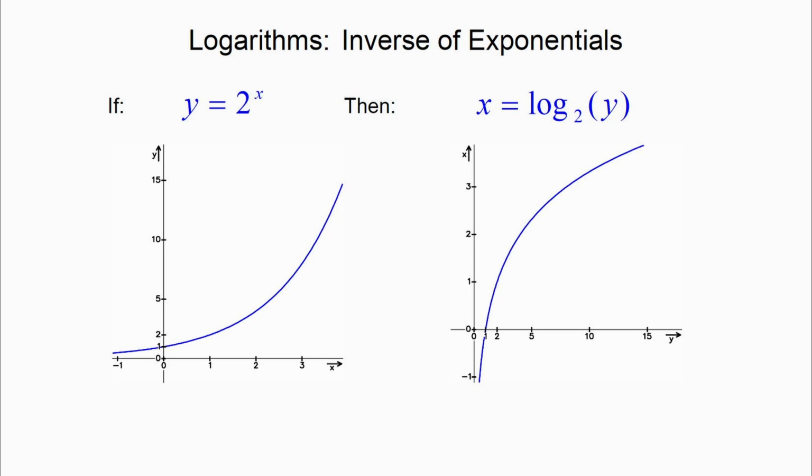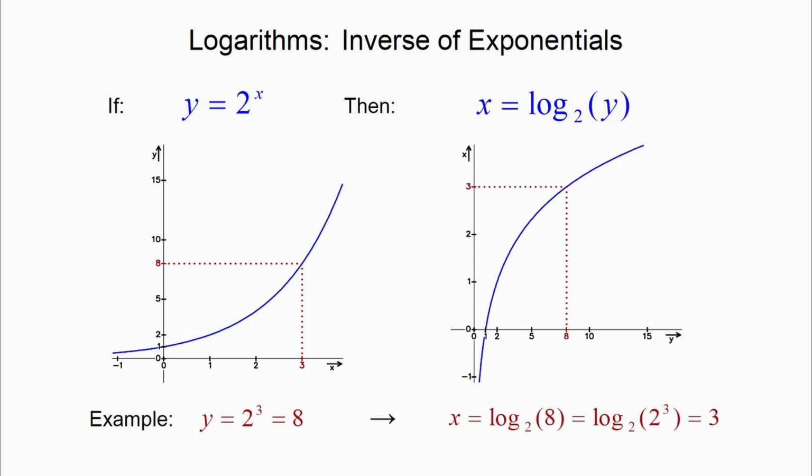The logarithm is the power the base must be raised to in order to return its argument value. A numerical example. Since 2 to the third equals 8, the base 2 log of 8 equals the base 2 log of 2 to the third, which is 3.